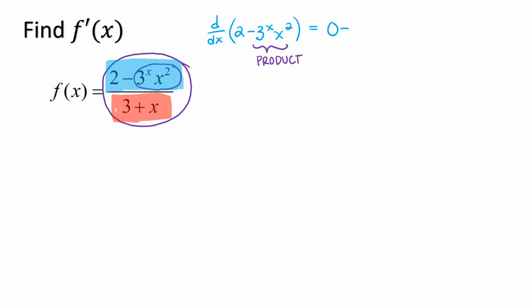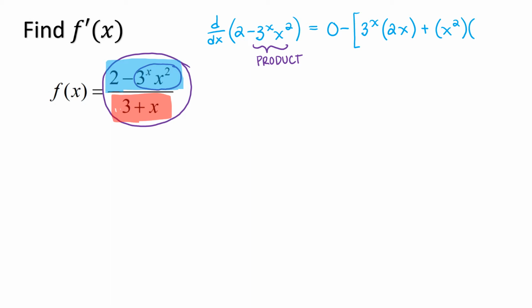So we'll have the first function, which is 3 to the x, times the derivative of the second function, the derivative of x squared is 2x, plus the second function, x squared, times the derivative of the first function.